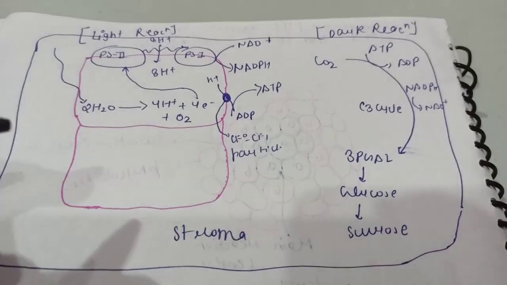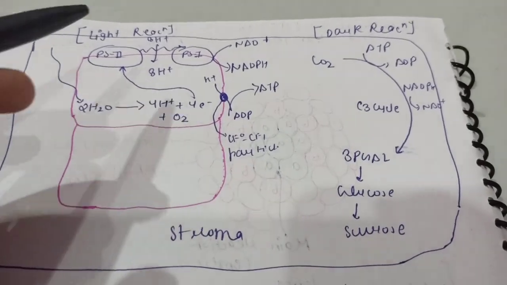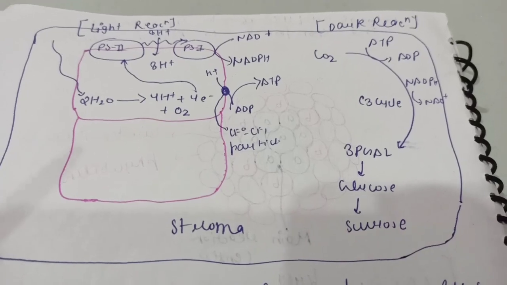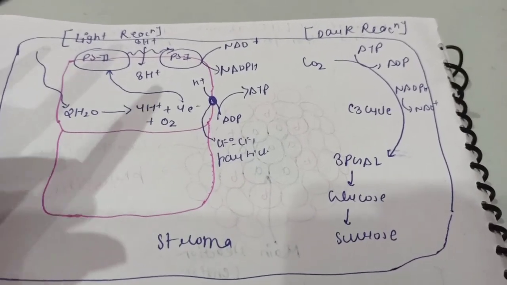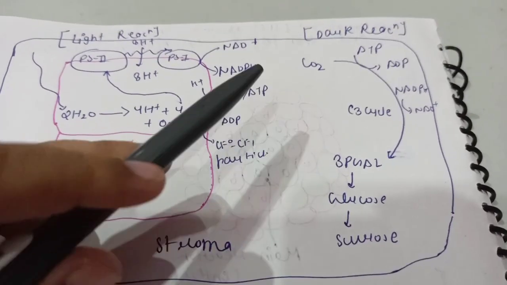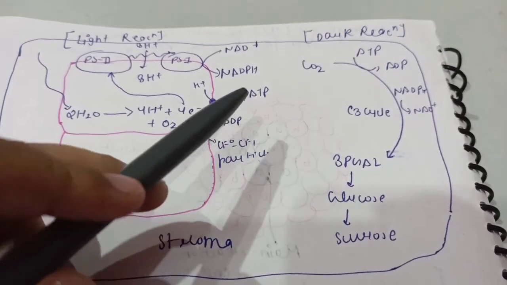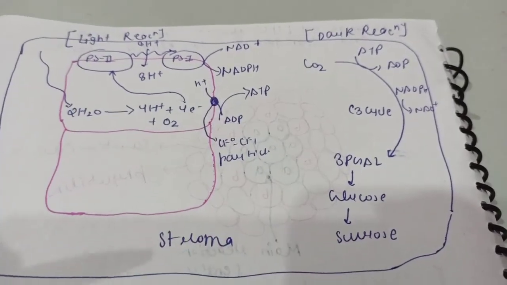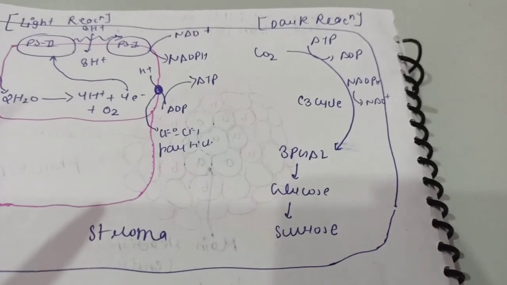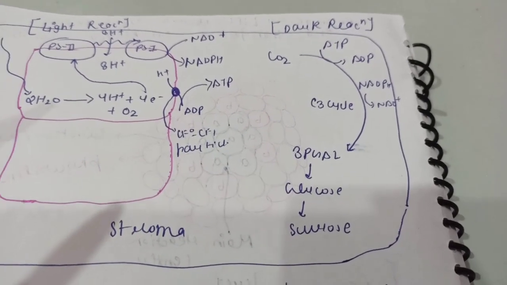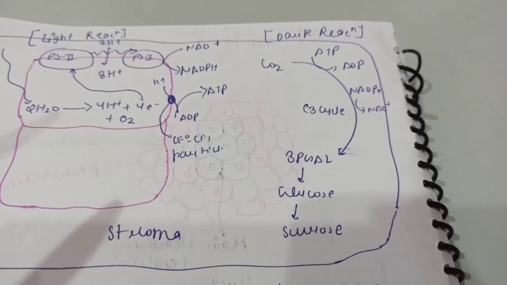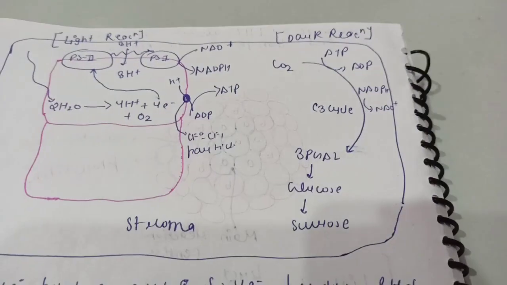Then the cyclic reaction takes place, basically the light reaction. The light reaction, which will be discussed in detail later, leads to the formation of ATP and NADPH, and both ATP and NADPH get consumed during the dark reaction, which is C3, C4.